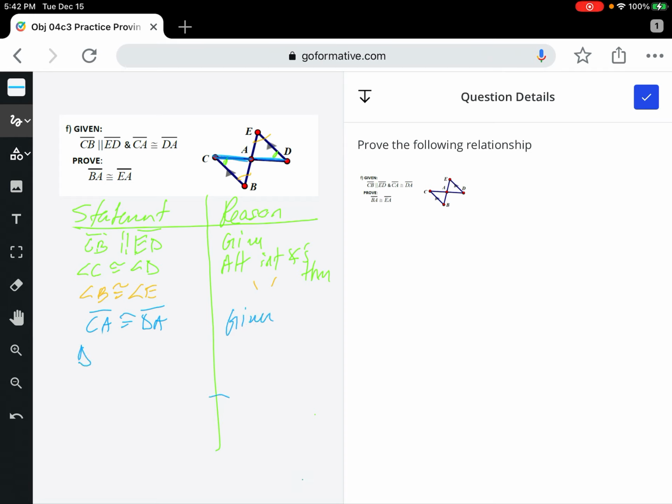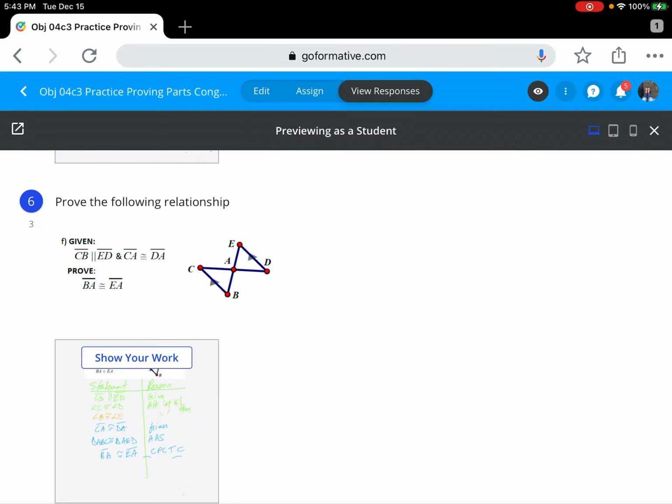So that tells me that triangle ABC must be congruent to triangle AED, and that's going to be by angle, angle, side. If those triangles are congruent, then the parts are congruent. Then BA must be congruent to EA because corresponding parts of congruent triangles are congruent. And that's that.